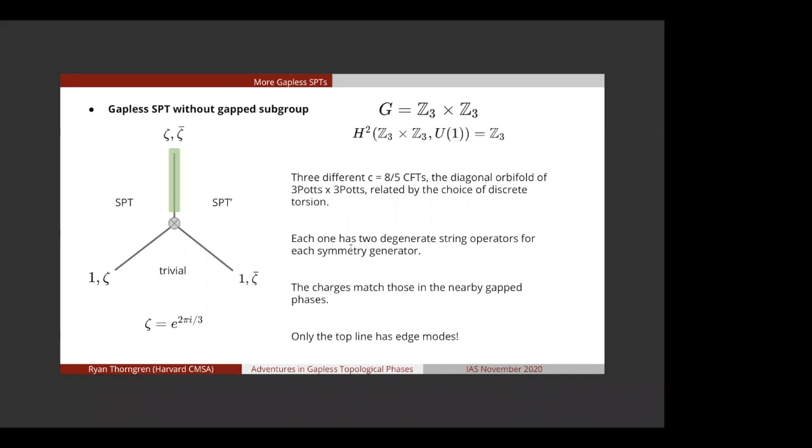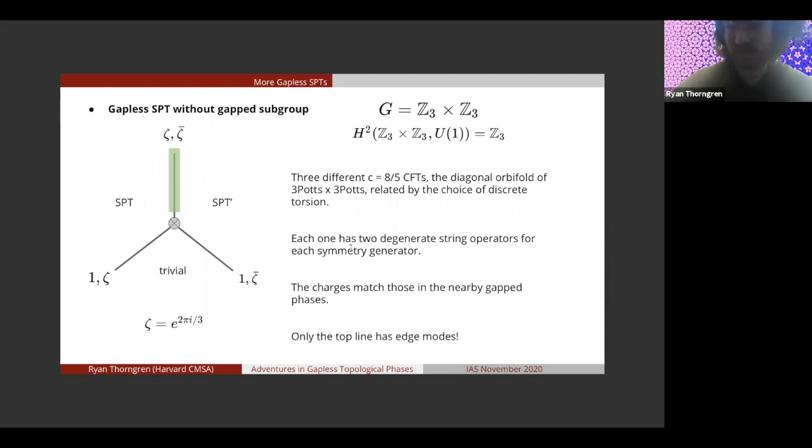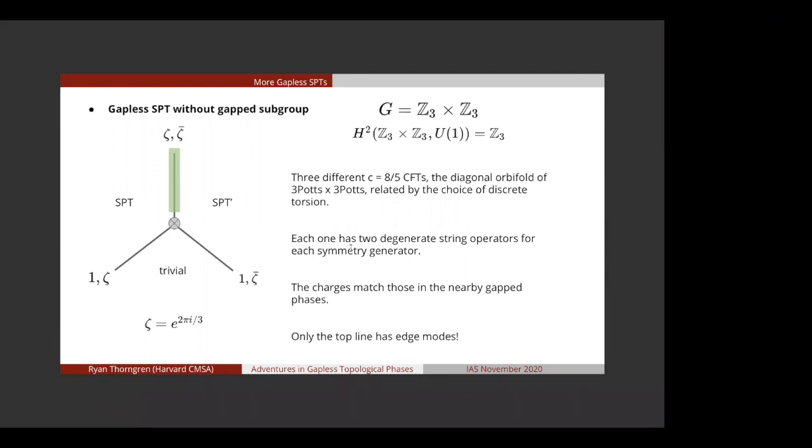Ryan, excuse me, I'm still confused about how to interpret the result on this slide. So you have 3 phases: trivial, say k null equals 0, and SPT1, SPT2.